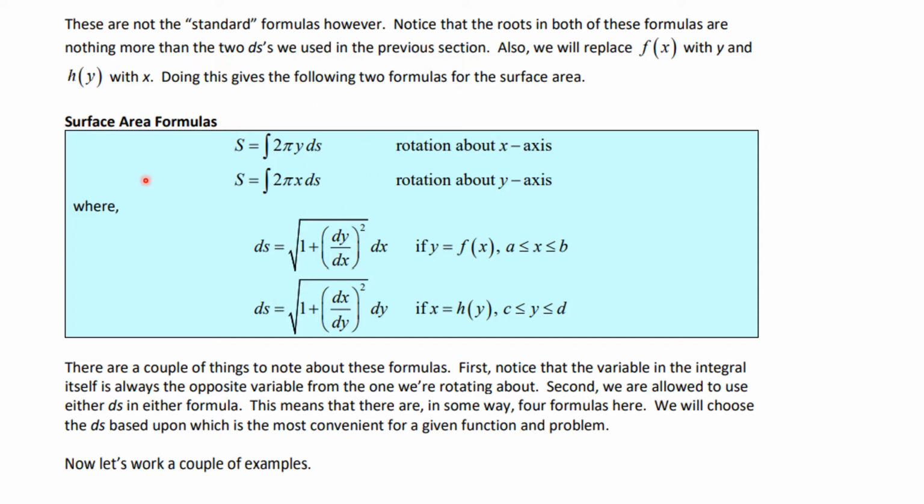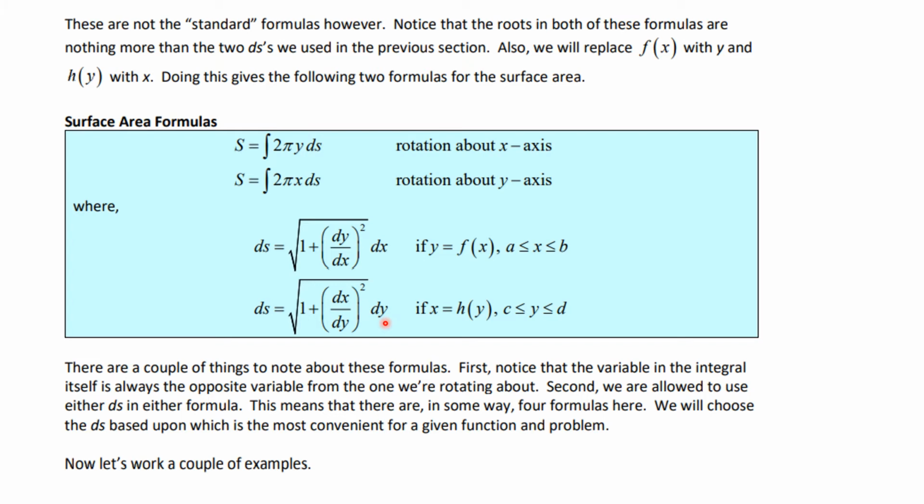But realize that the way we often will write them is with our notation about arc length from before, where lowercase s is the arc length, and ds will have 2 manifestations, depending on if we have y equals f of x or x equals h of y. So we get these expressions.